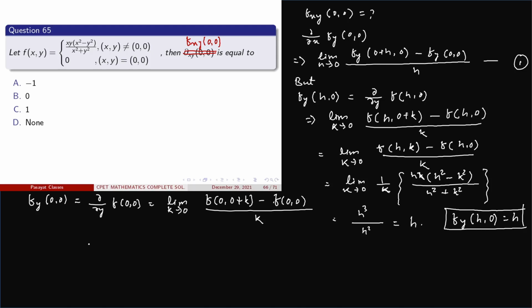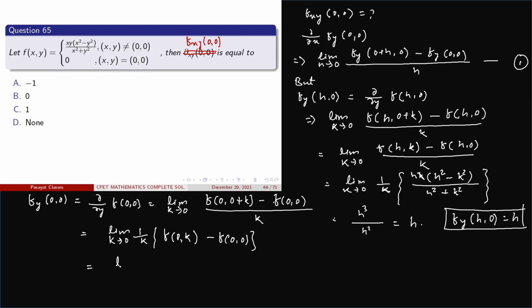Now from this we get limit k tends to 0 of 1 by k, into f of 0 comma k minus f of 0 comma 0. Now f of 0 comma k: that means in place of x we have to put 0 and in place of y we have to put k. So our function value becomes 0.